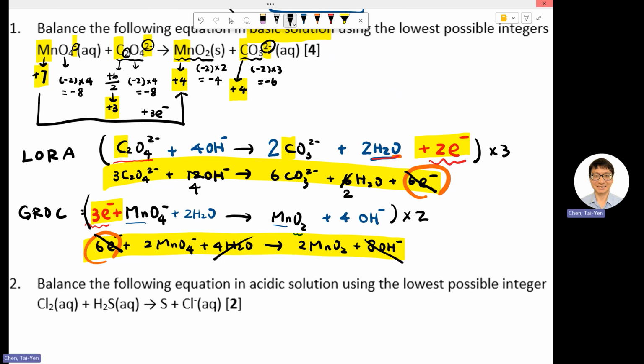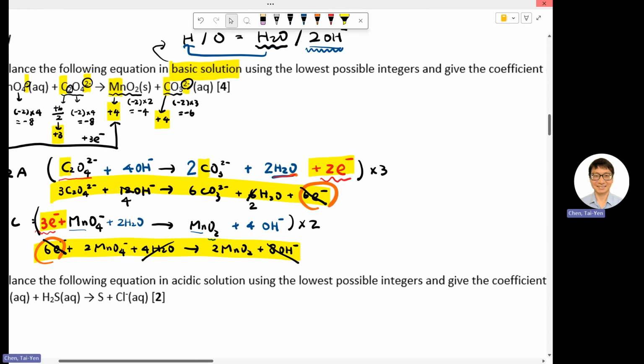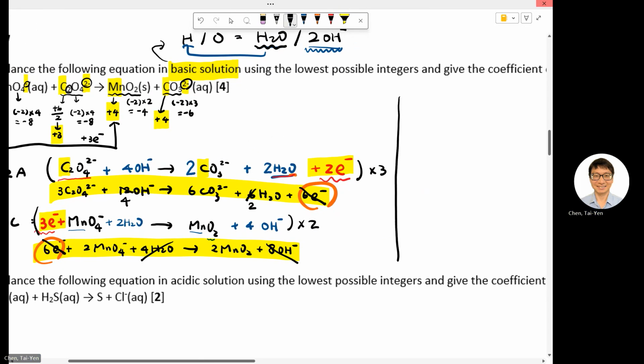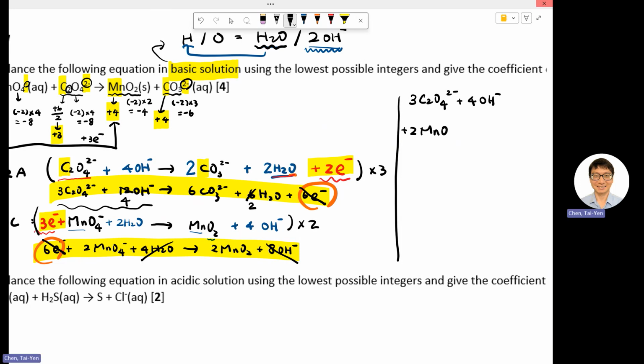Okay, so after you do all these things, you're going to have the final equation that starts with 3 C2O4 2- plus 4 OH-. So this is from here, plus 2 MnO4-, which is from here. So that's all the things you're going to have for your reactant.